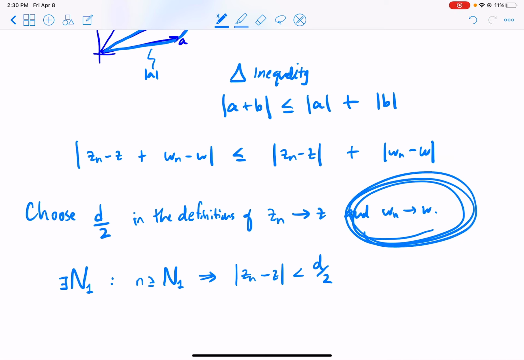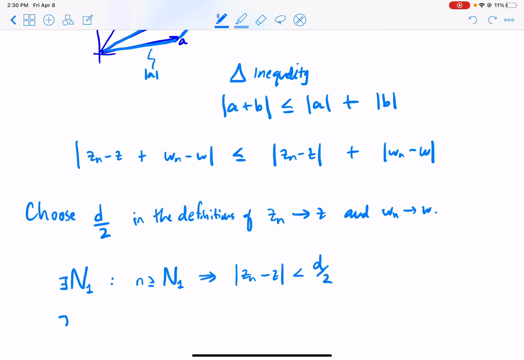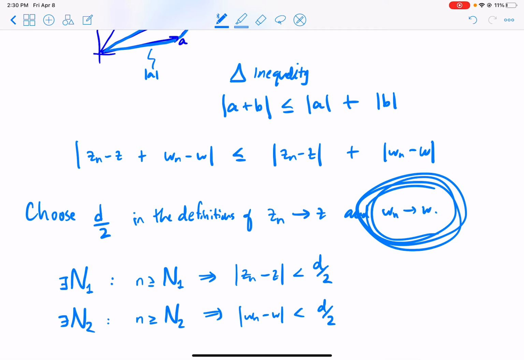Also, because Wn converges to W, we know that there exists an N2 such that going past that cutoff implies that the magnitude of Wn minus W is less than D over 2. Because if this converges, for any desired distance we can get that close. There's some cutoff.